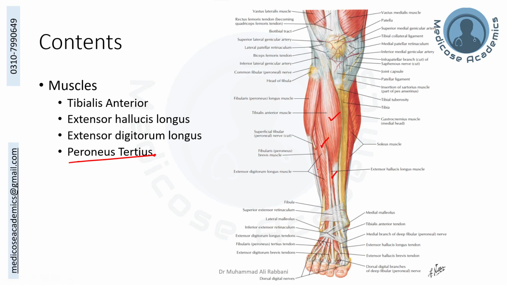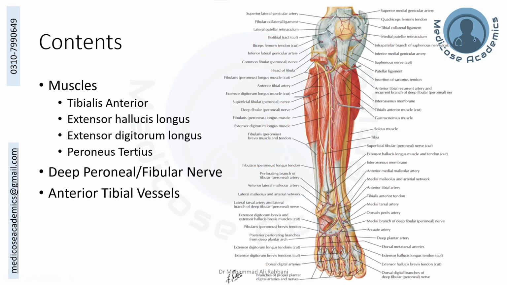Then, functionally speaking, the dorsum of the foot is also considered a part of it, and there is also the peroneus tertius muscle, like this one. So four muscles are there, and then there will be an artery and vein. The artery is the anterior tibial artery, and the nerve is the deep branch of the common peroneal nerve, the deep peroneal nerve. The artery is medially placed as compared to the nerve.